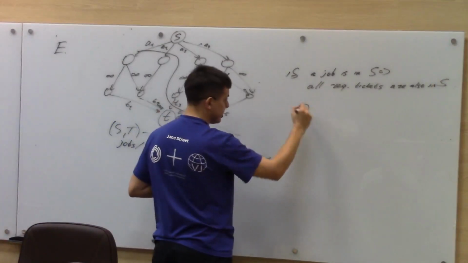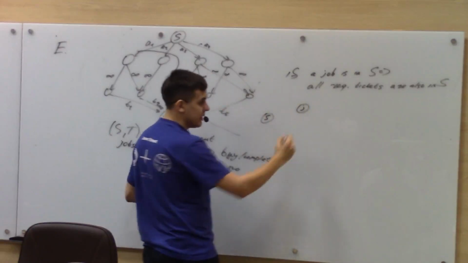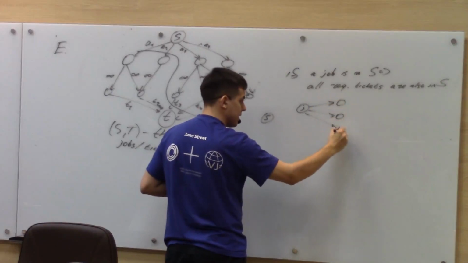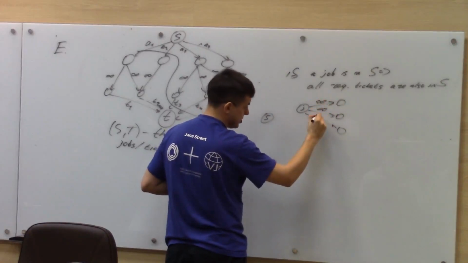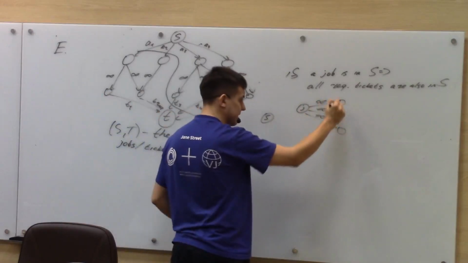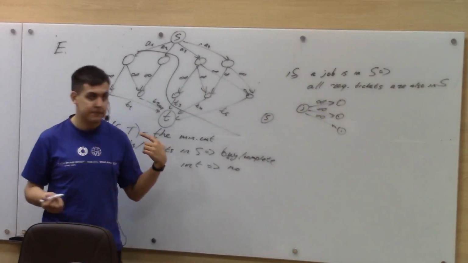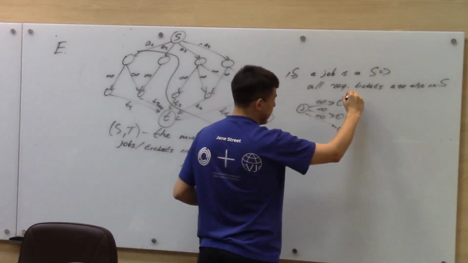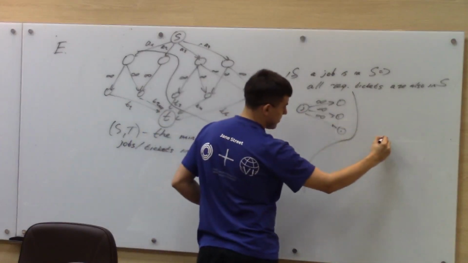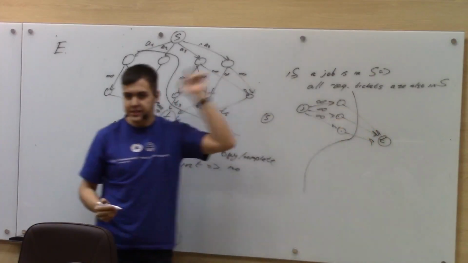So if this is a job and it requires some tickets, these all are infinite edges. So these edges cannot cross the cut. So this means that these 3 tickets are also in the same part as this job. So the cost of this cut will include paying for all these tickets.